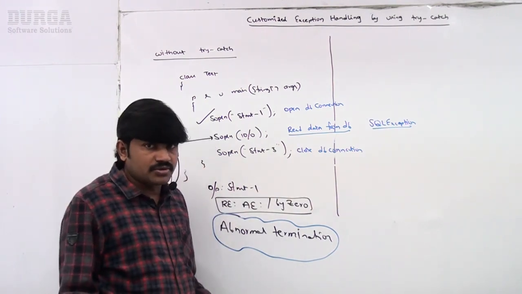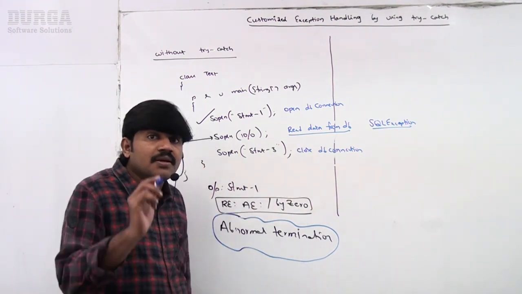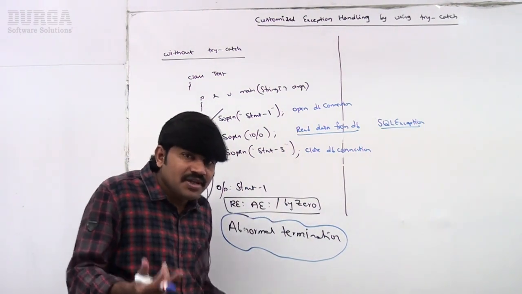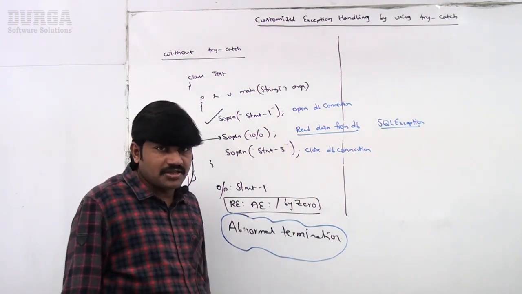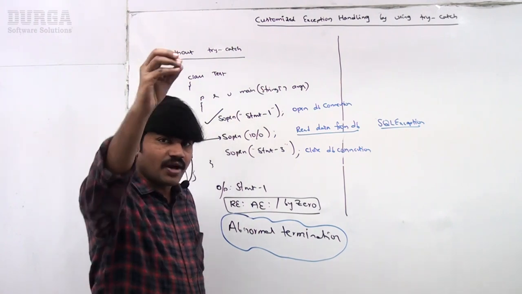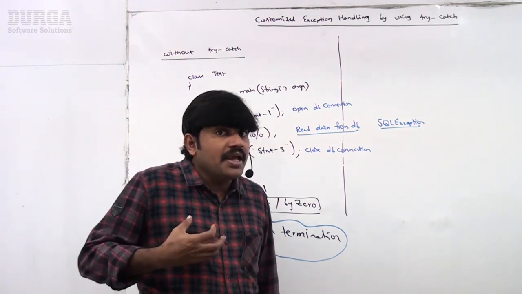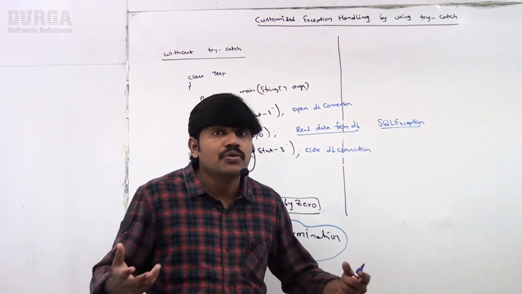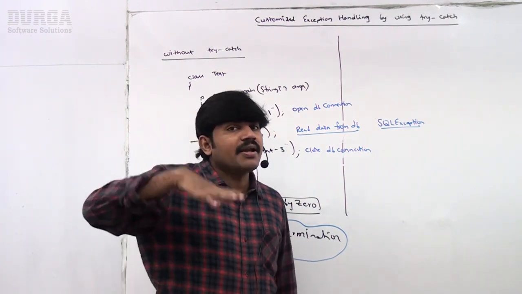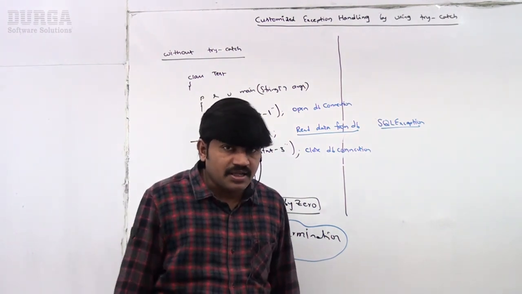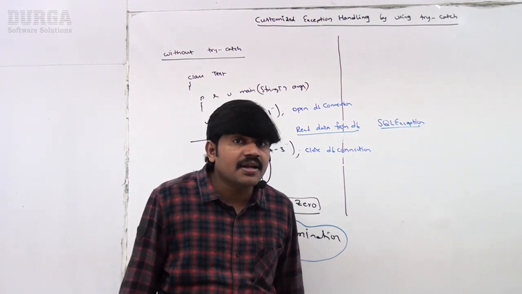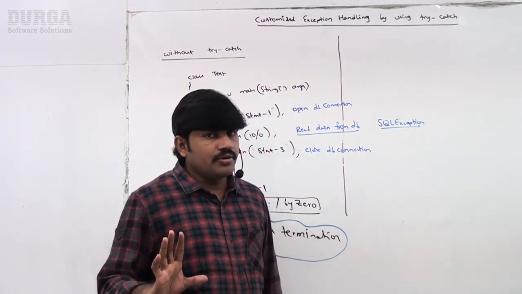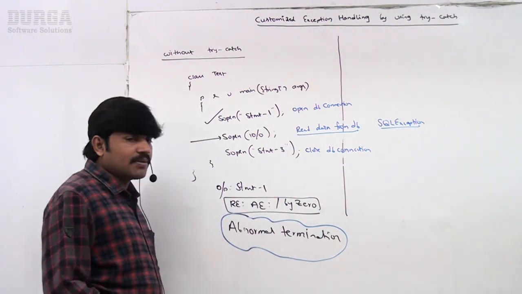No one is going to close it. So one database connection will be wasted in this abnormal termination. Because of abnormal termination, we may block some resources, we may miss something, we may lose something. That's why abnormal termination is never recommended. Highly recommended, we should compulsorily handle exceptions, right? Is it clear for all of you? So is it a normal termination or abnormal termination?